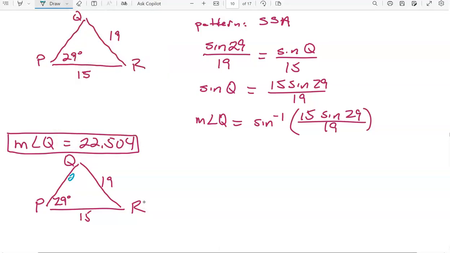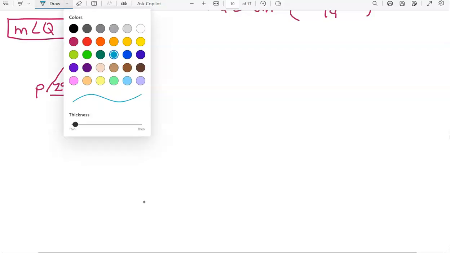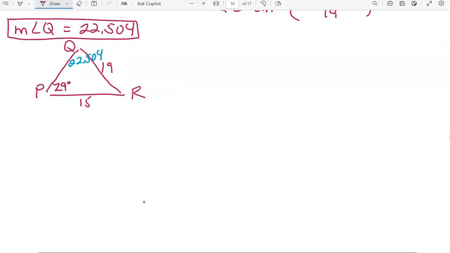Measure of angle Q is 22.504. And next, the easiest thing to find would be the third angle. So our third angle is 180 minus our other two angles, 29 and 22.504.